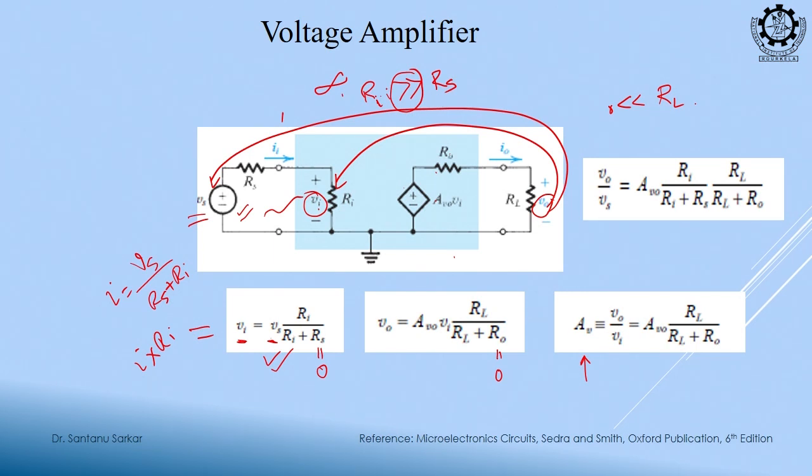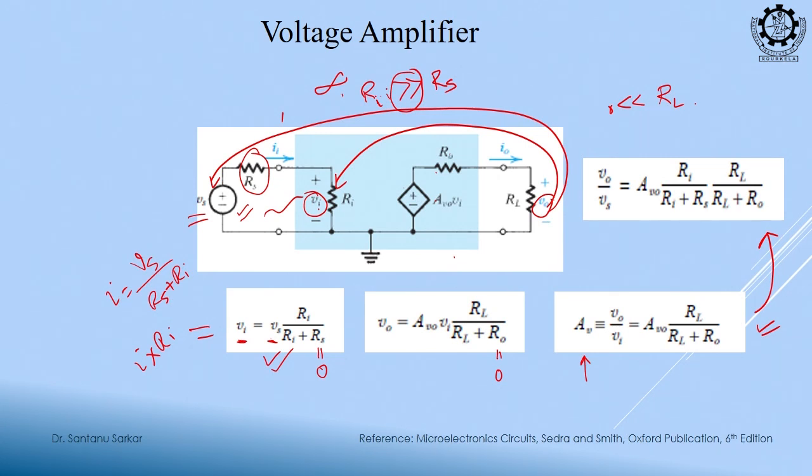In the ideal situation, this Ri by Ri plus Rs, in the ideal case Rs is equal to 0. So this will come as close to Ri by Ri, which is 1. So this is also close to that, if this is 0, right. But suppose this is not 0, this is 5 ohm, 10 ohm, then what will happen?